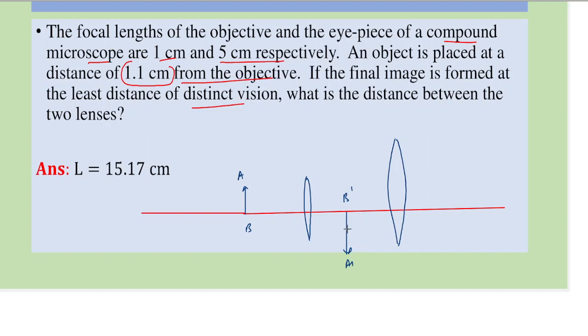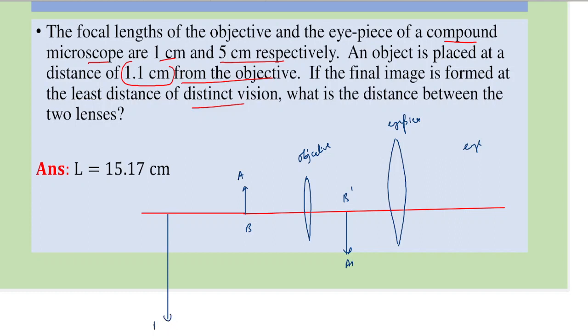This image formed because of the objective. This is the objective. This is the eyepiece, because the eye is somewhere here. So this image formed because of the objective acts like a virtual object for this one, and then the image is formed somewhere here.